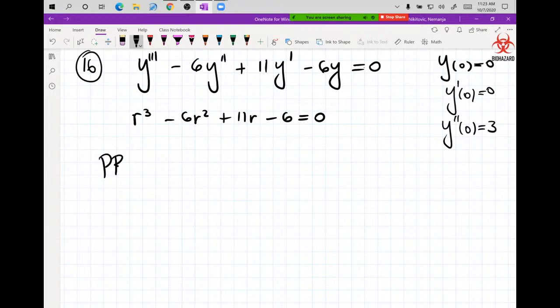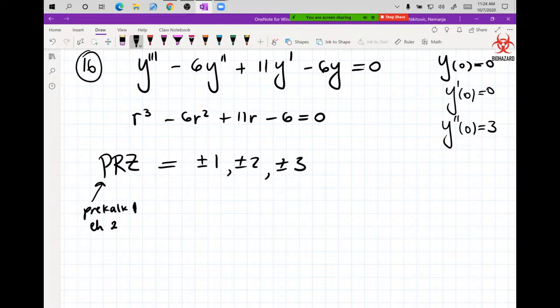That's pre-calc 1 chapter 2. That's where the skill for factoring is. And the possible rational zeros in this case are plus minus 1, plus minus 2, plus minus 3, and plus minus 6. So those are the factors of this number divided by 1 in this case.